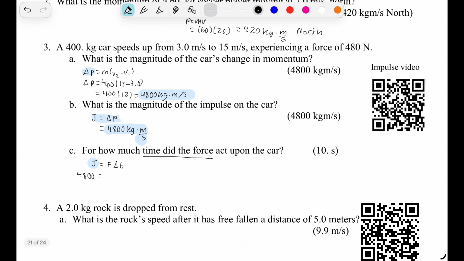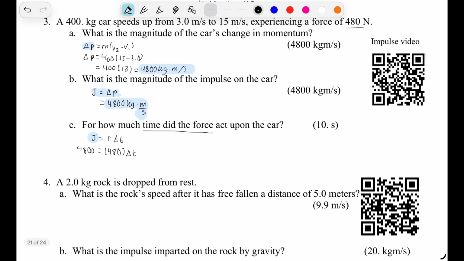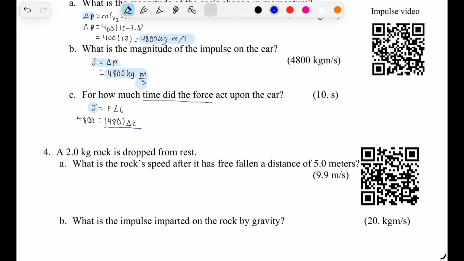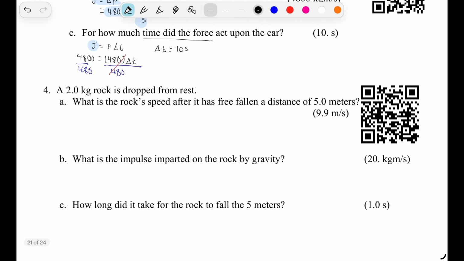Our force on the car was 480 newtons, and we're solving for delta T. Delta T is equal to 10 seconds. If you divide 4,800 by 480, you see that everything cancels except for a 10. So it's 10 seconds.